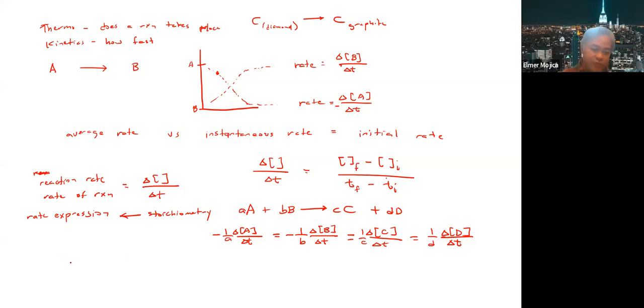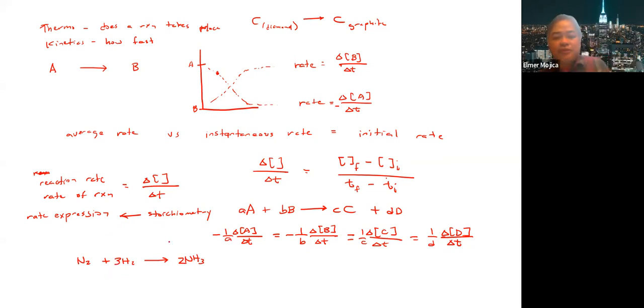So if we're going to make it specific, let's say N2 plus H2 producing NH3. So usually this is 2, and this is 3.